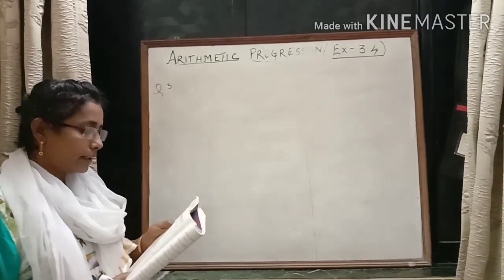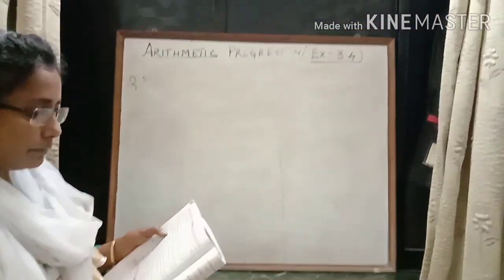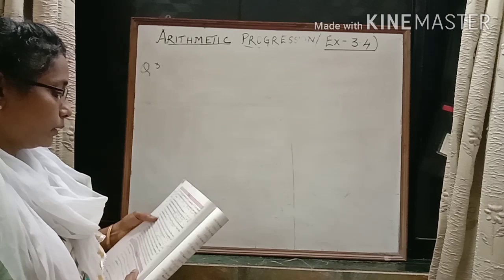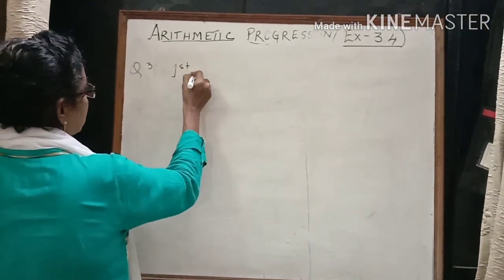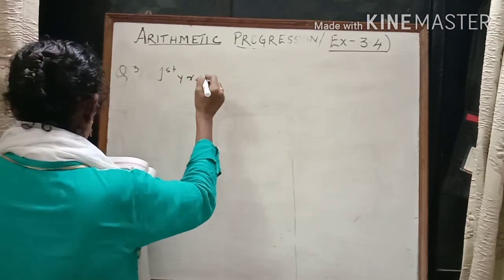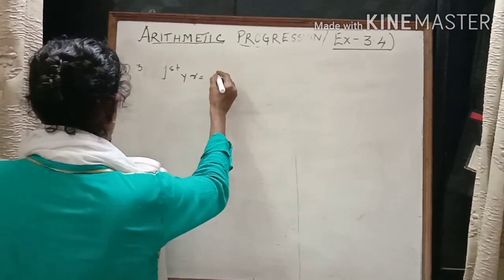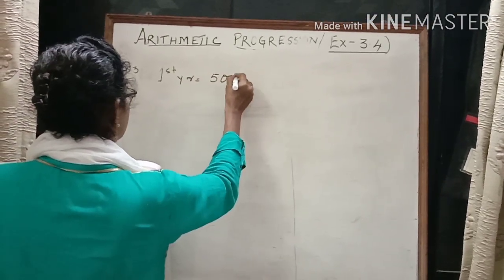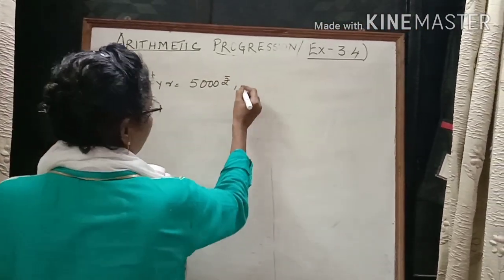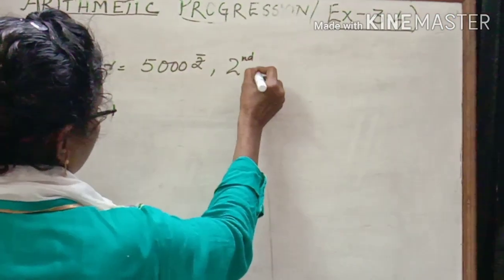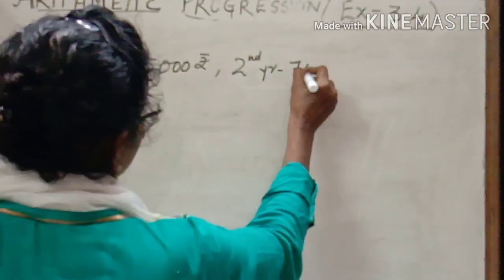Sachin invested in a national savings certificate scheme. In the first year he invested rupees 5000. So I am writing here, first year he invested 5000 rupees. Second year 7000 rupees.